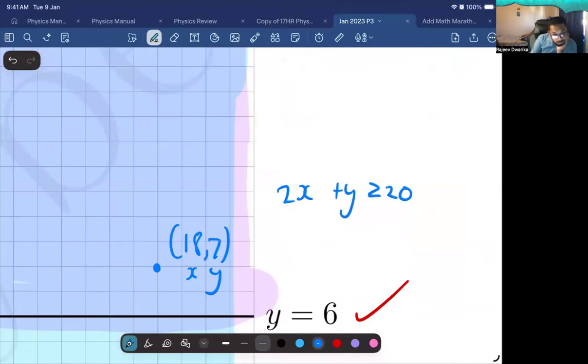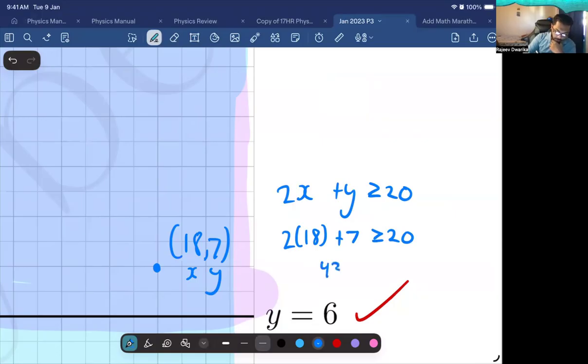Right. So x is 18, so I'm going to write 2 times 18, and y is 7. What is 2 times 18? 36. 36 plus 7 is 43.